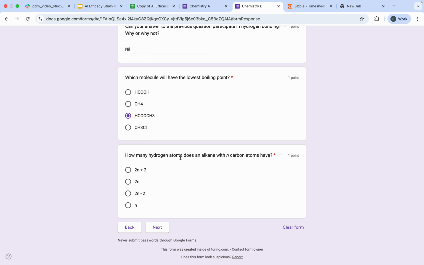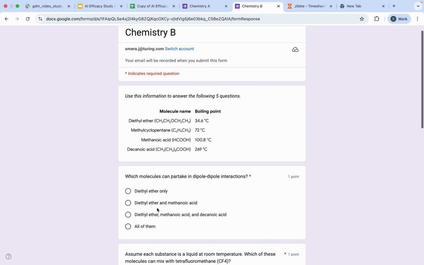How many hydrogen atoms does an alkene with n carbon atoms have? So it is 2n minus 2 or 2n plus 2. Okay, it is 2n minus 2. Okay.